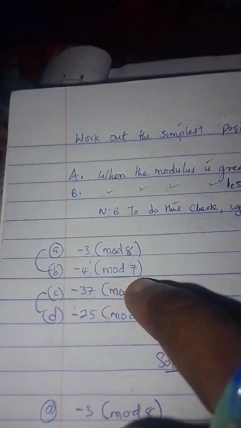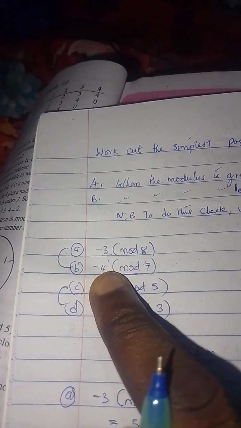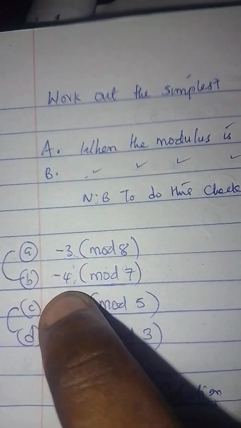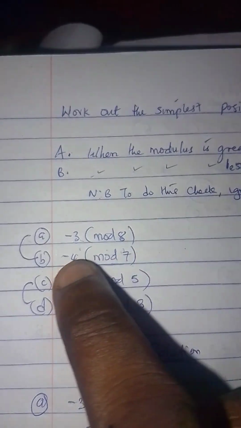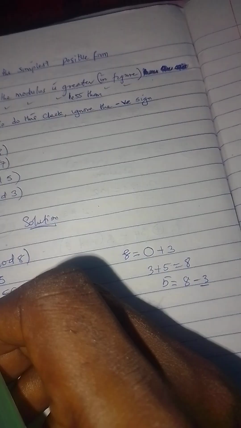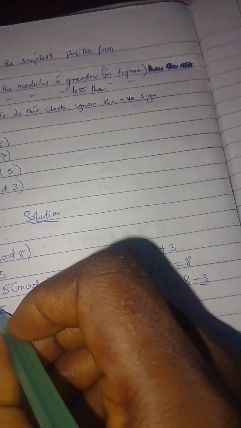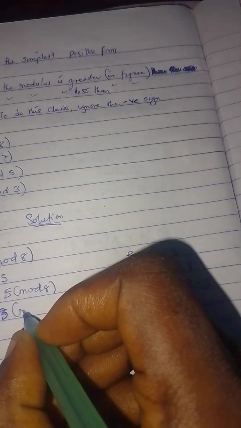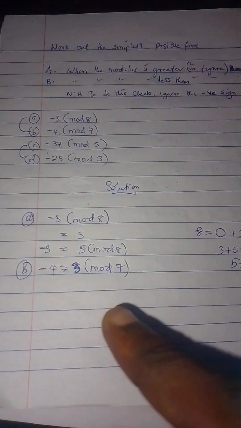When the modulus in figure is greater than the number out here, ignoring the negative sign, just ask yourself, what am I going to add to 4 to get 7? The answer is 3. So that means my answer minus 4 is equal to 3 modulus 7.